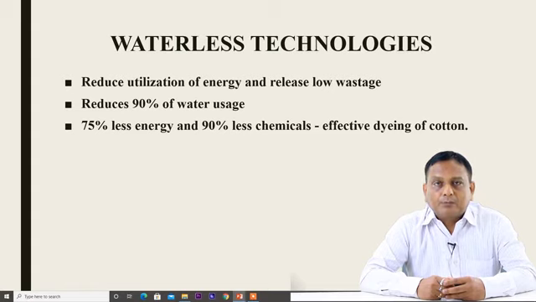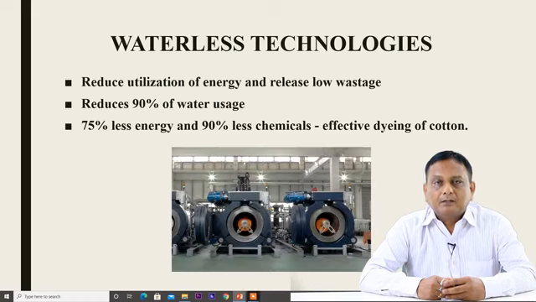For effective dyeing of cotton, if we use waterless technology, we get 75% less energy consumption and 90% less chemicals. So waterless technologies are the demand of the day to get environmental sustainability, and different brands are using these technologies nowadays.